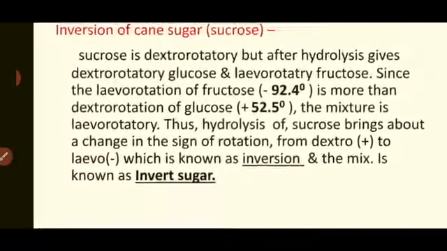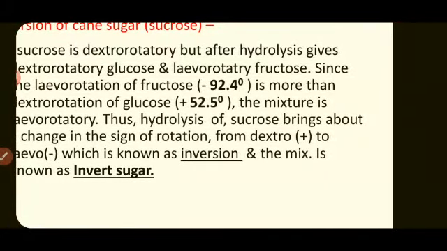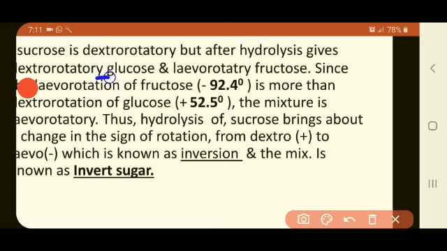We have already seen the reaction, that is sucrose on hydrolysis gives one molecule of glucose and one molecule of fructose. In that, glucose is dextrorotatory, that is rotates the plane polarized light towards right hand side, and fructose rotates it towards left hand side, therefore levorotatory.